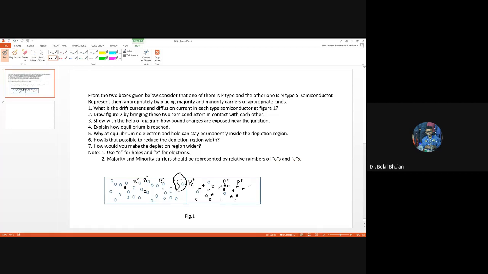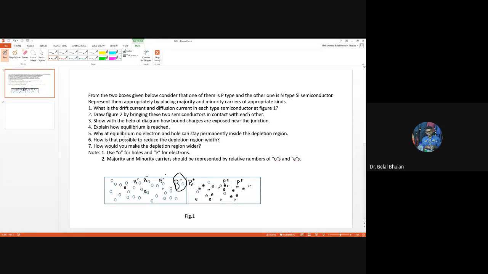As long as the hole stays closer to the negatively charged boron ion, the region becomes neutral, so they neutralize each other. Similarly, as long as the electron stays closer to the phosphorus ion, they neutralize each other. So that is the scenario that we have got.